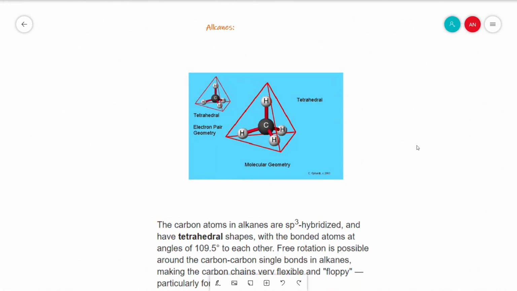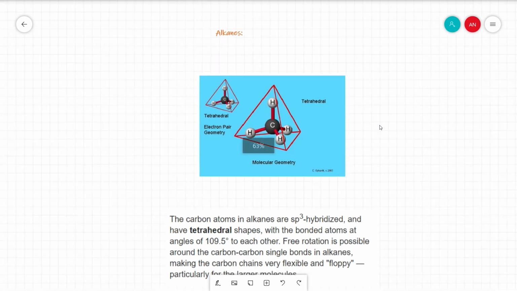And what about cycloalkanes? Cycloalkanes also have sp3 hybridization. At a lower number of carbons, they also have tetrahedral shape, but as the number of carbons increases, starting from 3 as cyclopropane is the basic cycloalkane, from cyclopropane to cyclodecane or beyond, complexity increases and 3D structures are formed. So that's all for this video.